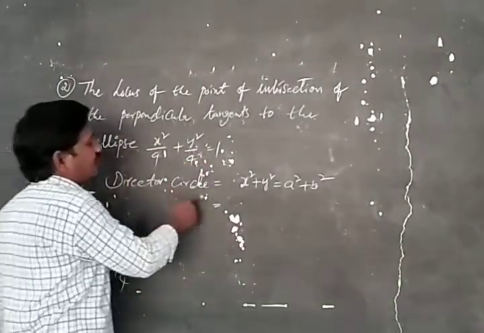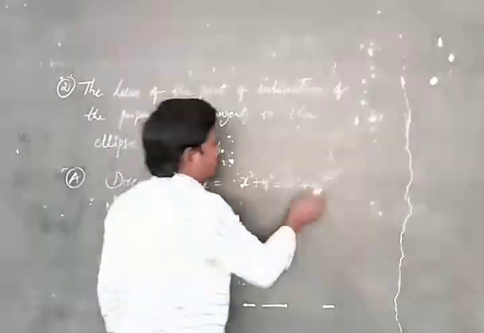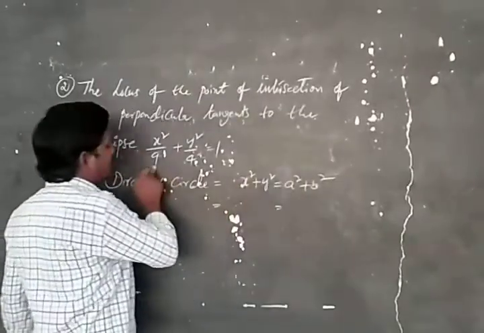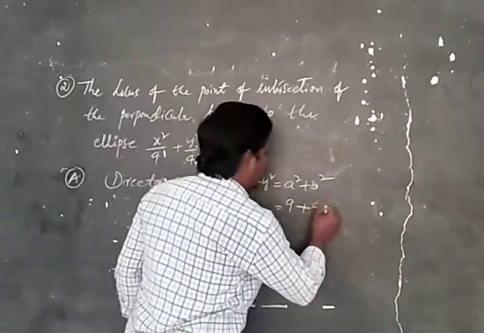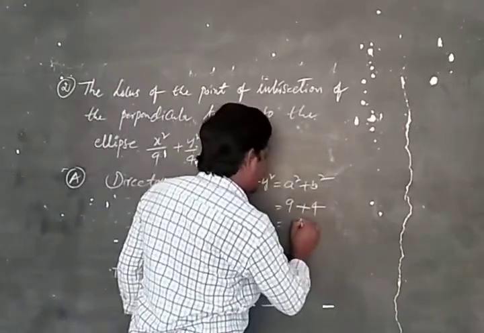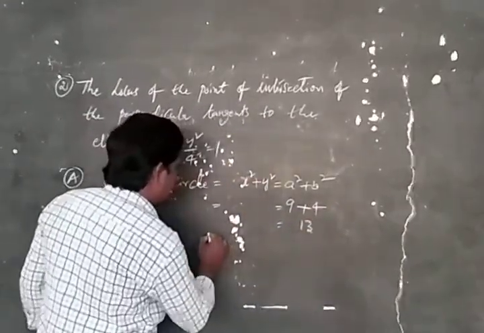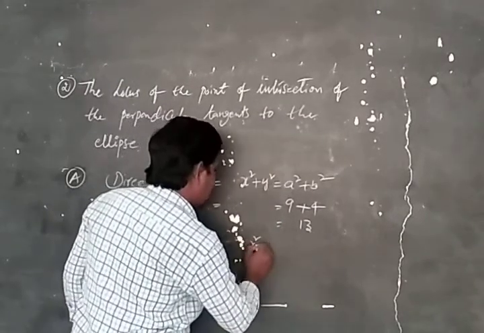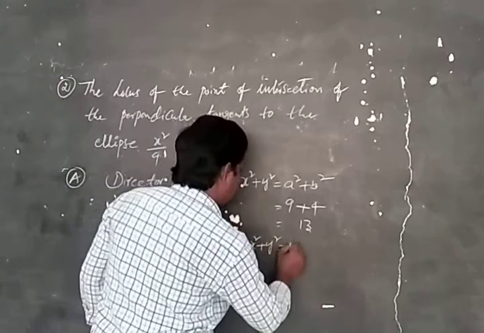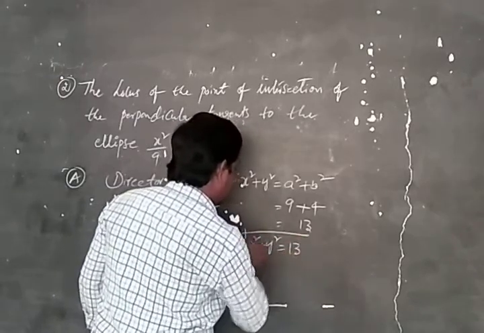In the place of a square, which one is there? 9. In the place of b square, which one is there? 4. So 9 plus 4, 13. So the answer is x square plus y square equal to 13.